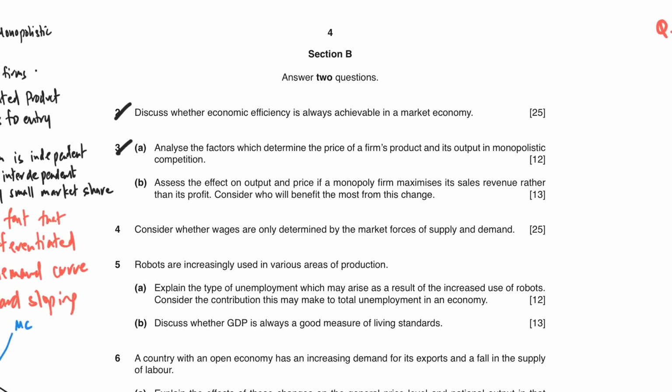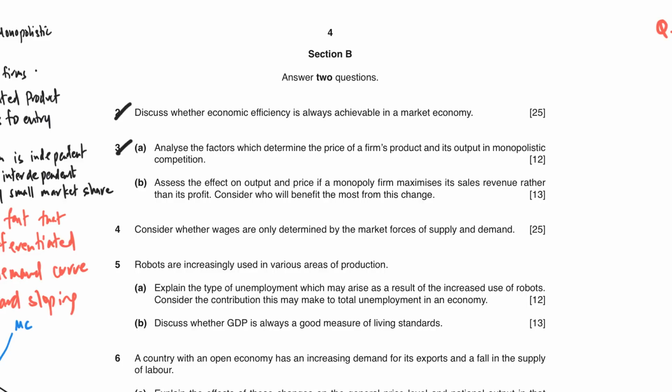So the first question that I want to discuss is basically 2, which says discuss whether economic efficiency is always achievable in a market economy. Now, this is a very good question because first, it will help us revise economic efficiency, and second, it will also talk about how economic efficiency is not achieved in a market economy where market forces of demand and supply are allocating resources, and how market failure occurs.